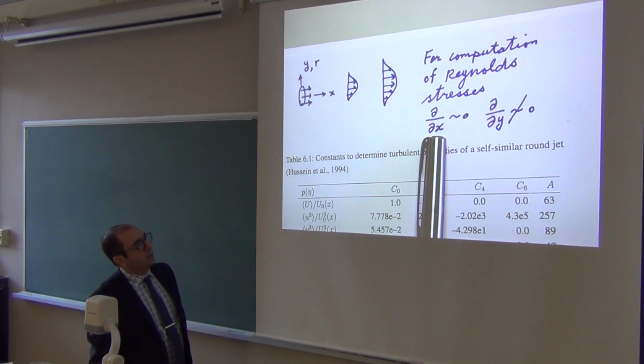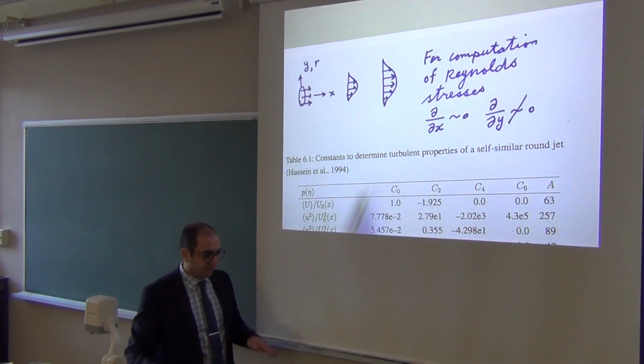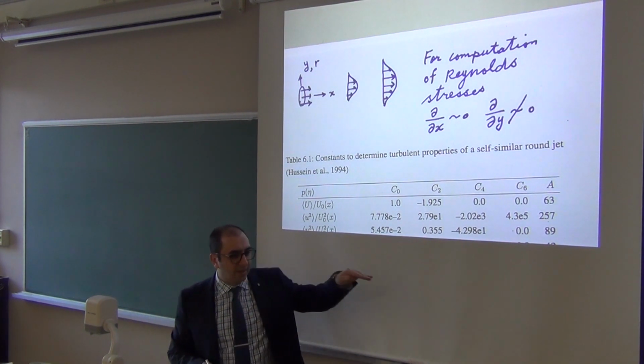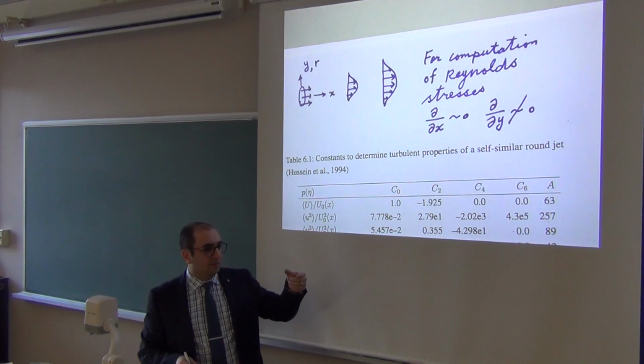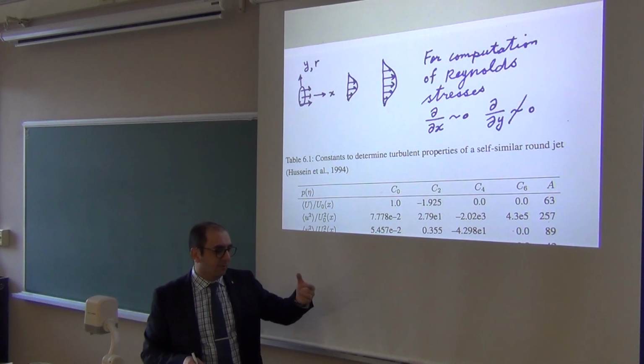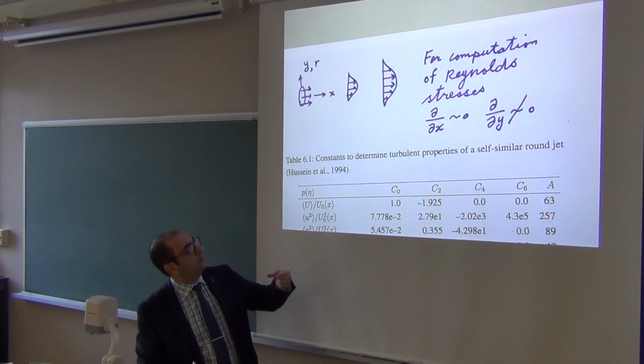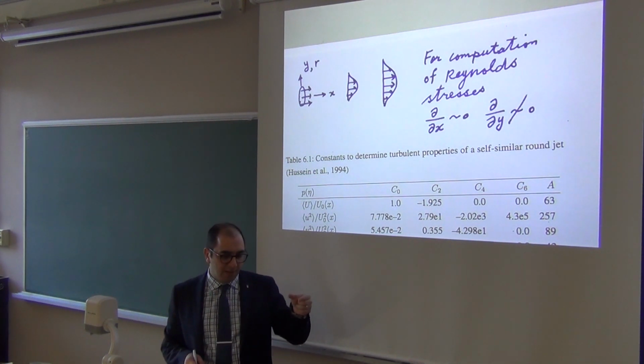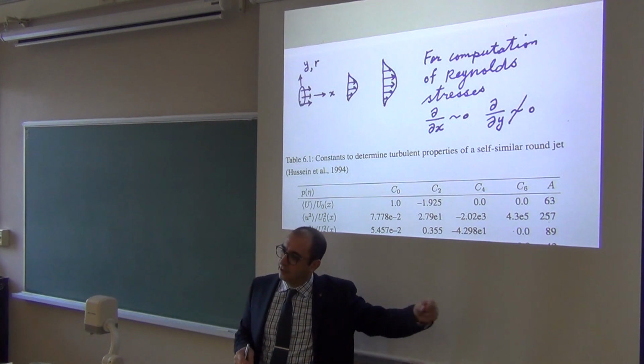most Reynolds stress components don't vary significantly along the jet. Let's say if the jet is going this way, that's the x direction. The u squared, say fluctuations of u, don't change as a function of x. If I measure it here, it's the same as here, it's the same as here.